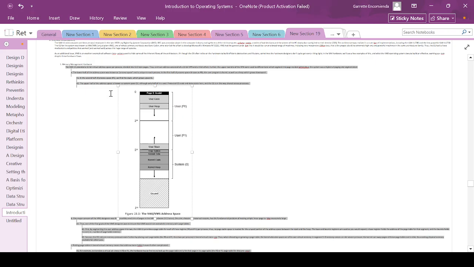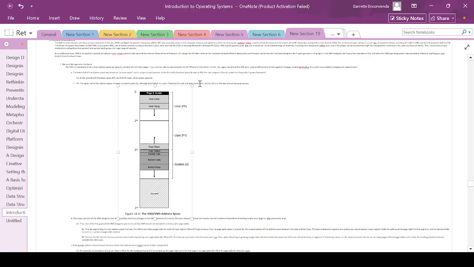The upper half of the address space is known as system space, S. So again, the upper half of the address space is known as system space, and the lower half of the address space is known as process space. As you can see, that's P1 and then P0.